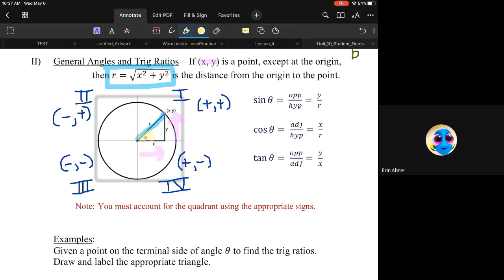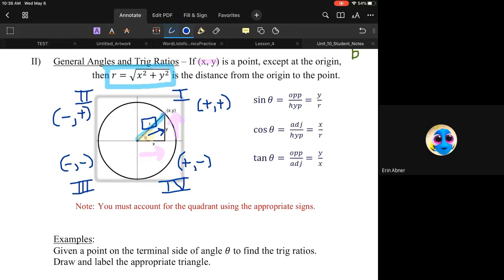So from this triangle, if we're identifying our sine of theta, then it's going to be the opposite over the hypotenuse. Let's do opposite and the hypotenuse. There we go. I was trying to make sure you can still see the R.